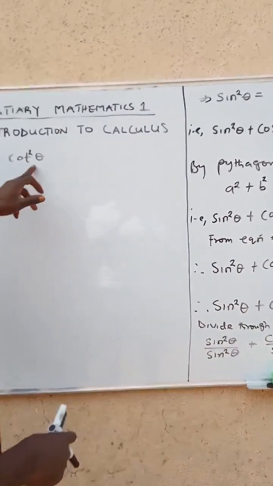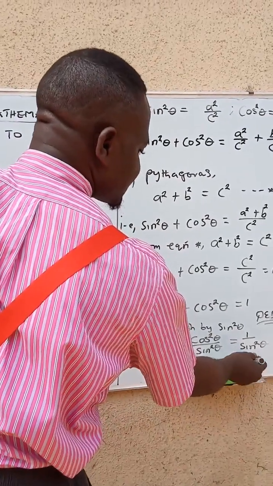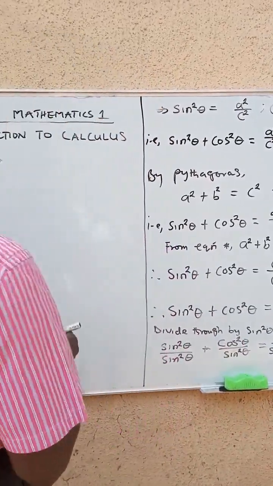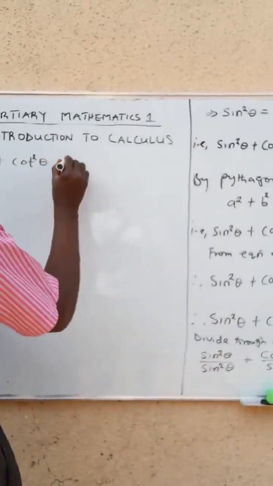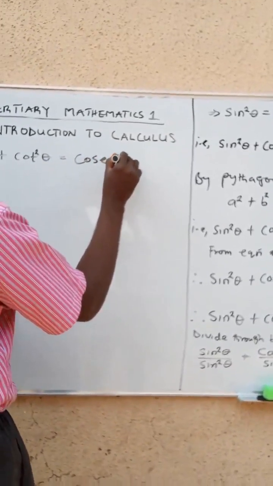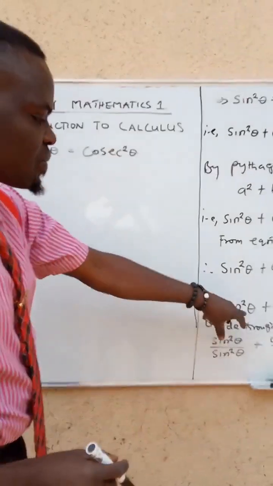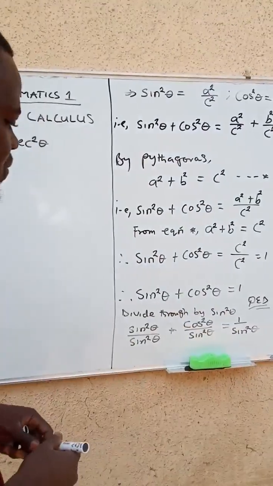That's why we have cot²t. Then 1 over sine, that is cosec, is equal to cosec²t. This is one of the things from sin² plus cos² equal to 1.